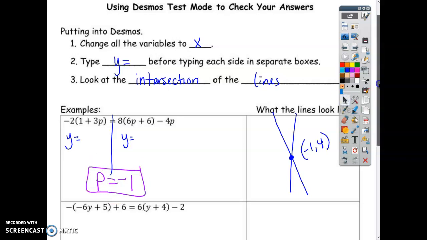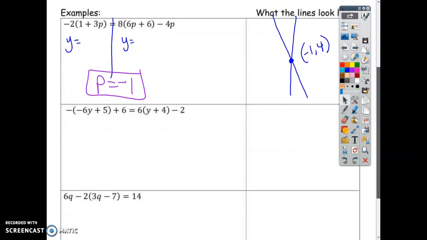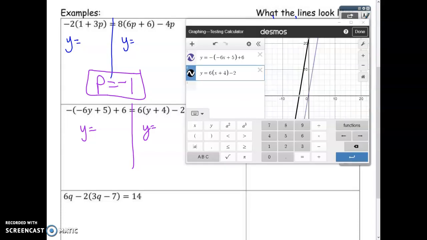Okay, let's do the same thing for problem 2 and 3. Left side in y equals, right side in y equals, and let's see what they look like. Remember, do not put those y's in the calculator. They need to be x's. It's y equals, and then these are going to be x's. You can't have y equals and y's on the other side. So after I type them in there, the left side and the right side, this is what they look like.